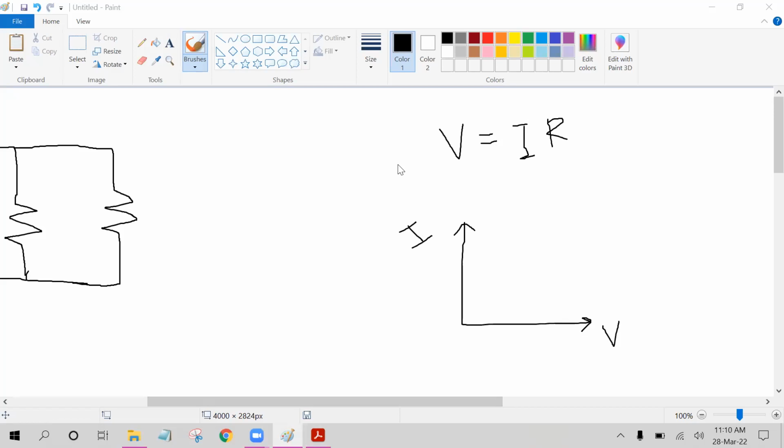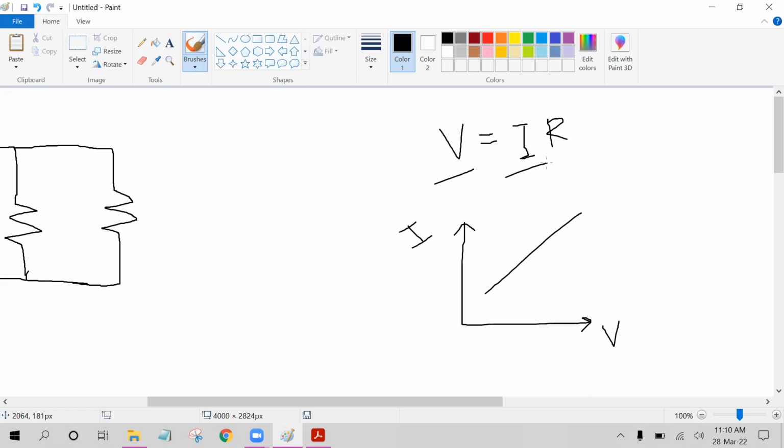So a straight line. Exactly, the graph should be a straight line like this. So this is called linear element because the voltage and current in a resistor follows a straight line or a linear relationship.